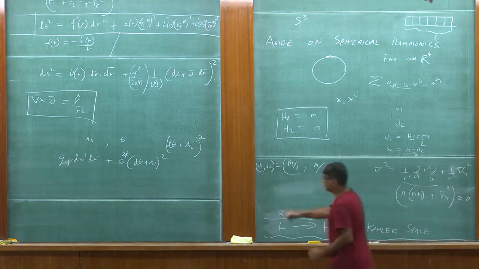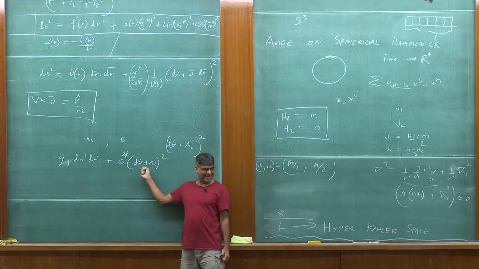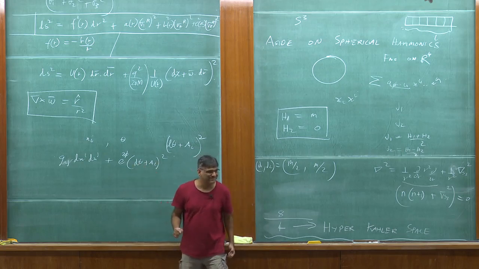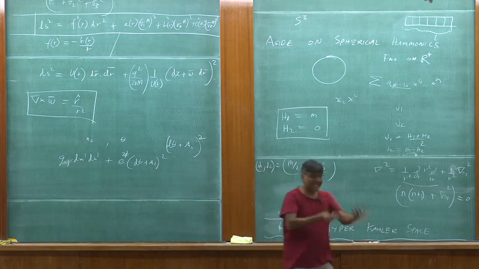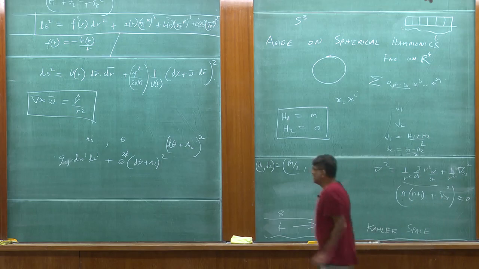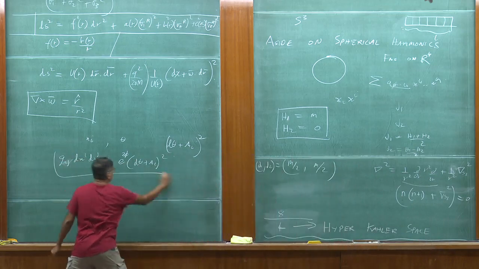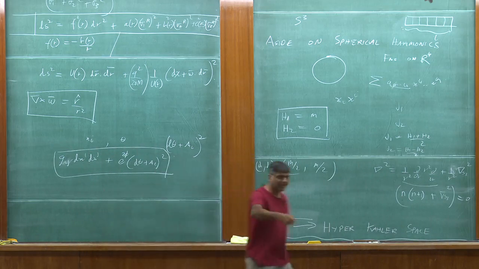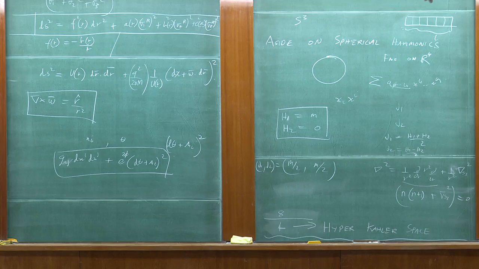But under such a transformation, ai transforms in order that this does not change. ai transforms exactly like a gauge transformation under a U1 gauge field. So in Kaluza-Klein theory, when we take this form, we identify ai as the gauge field, the quantity that transforms under the U1 gauge field that we get from Kaluza-Klein reduction.